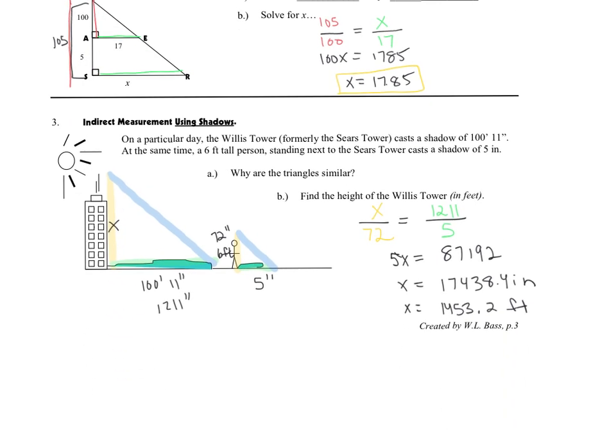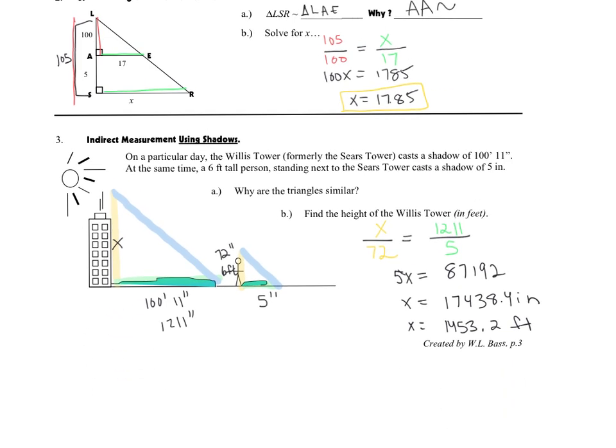If we look at our next problem, we have the Willis Tower, formerly known as the Sears Tower, and it says that on any particular day, it casts a shadow of 100 feet 11 inches.